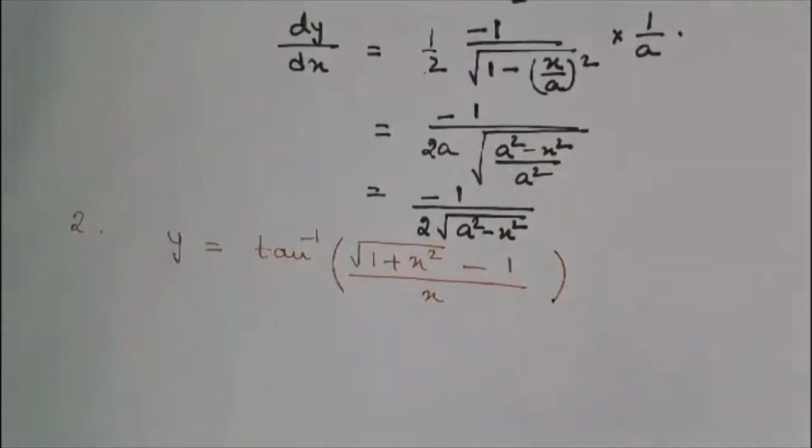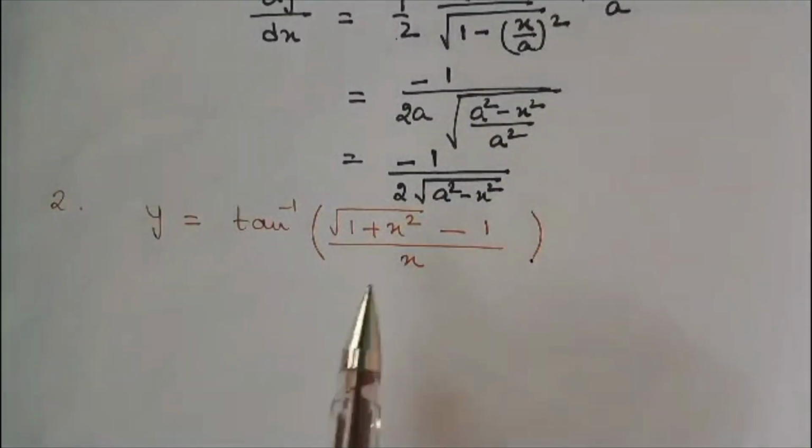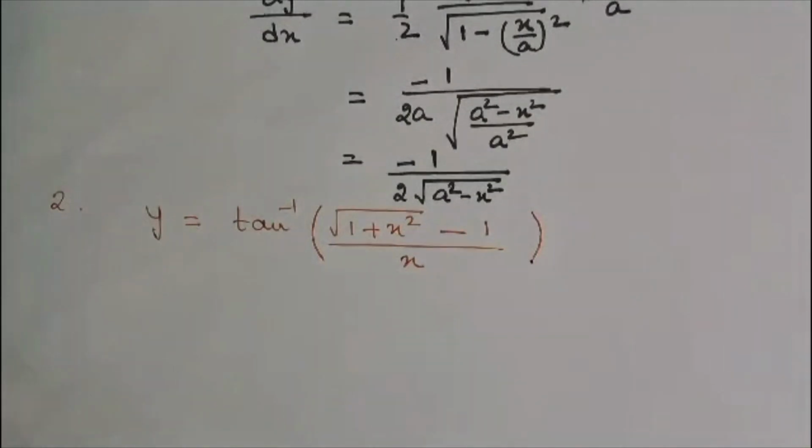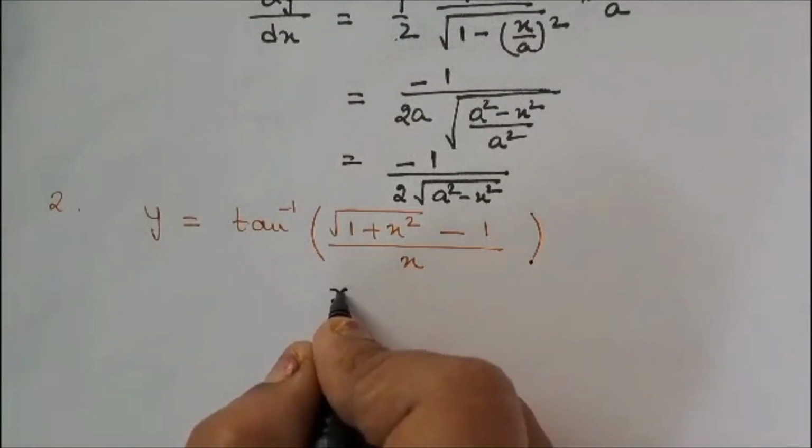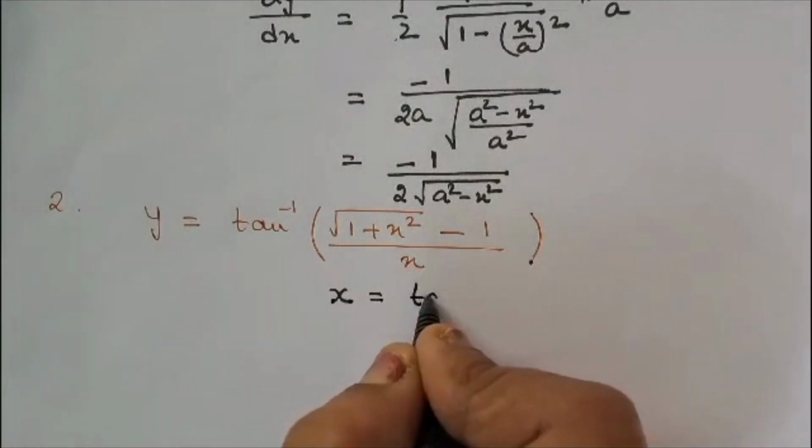Now according to the values which is given here, we have to substitute x in that way. In the previous one we have taken x as a cos 2 theta, but in this case I will take x is equal to tan theta.